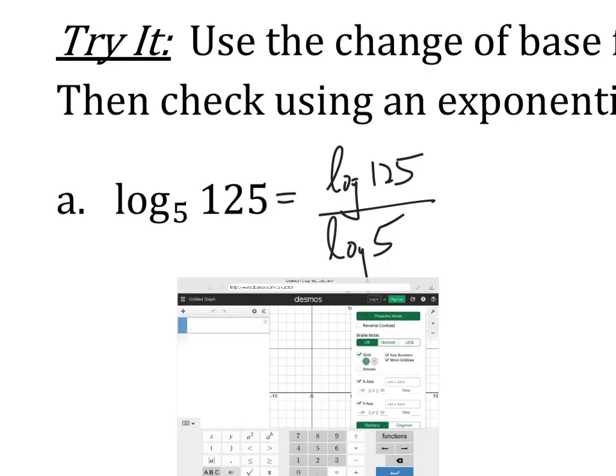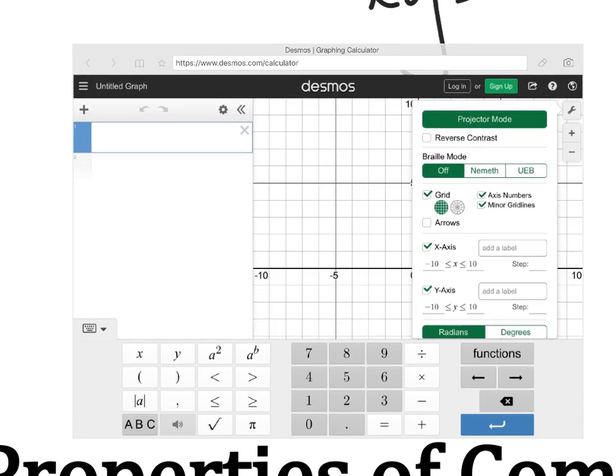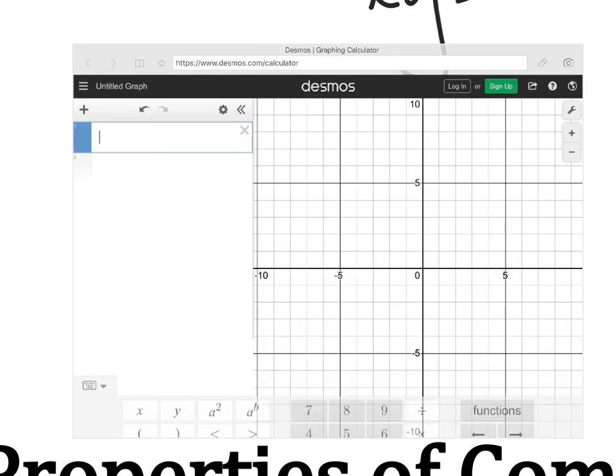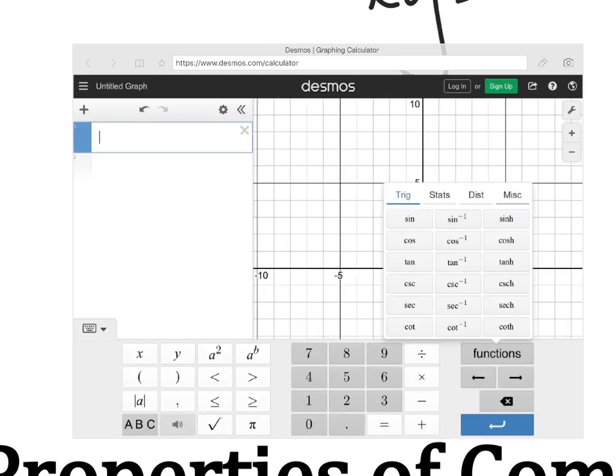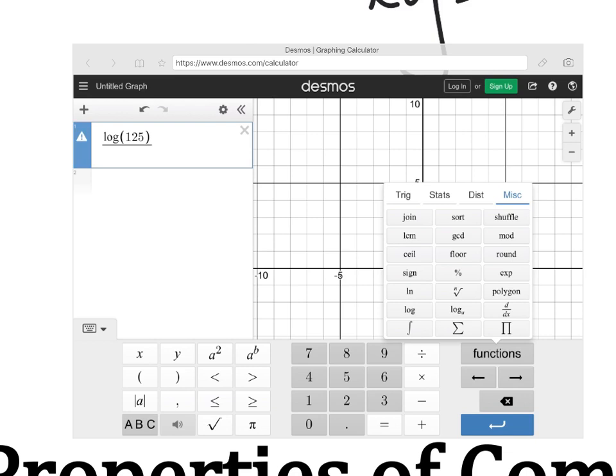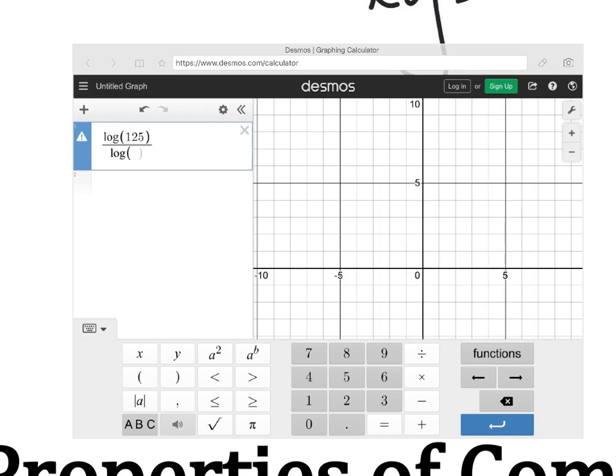So using Desmos here, we can say log, which is under functions miscellaneous, the log of 125, and then close that, divided by the log of 5, and that is 3. That's what we expected.